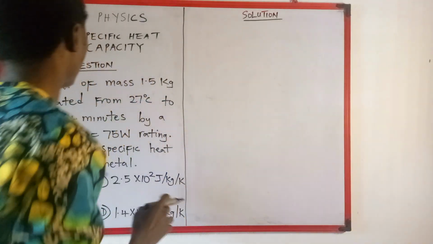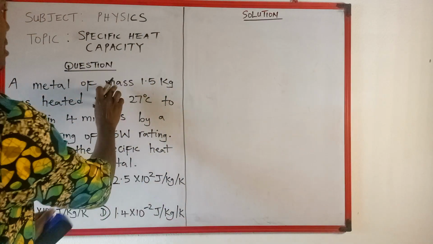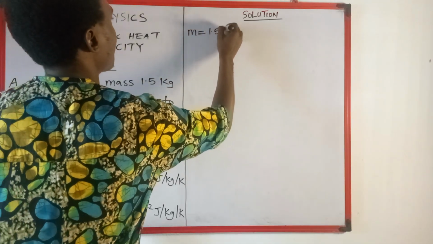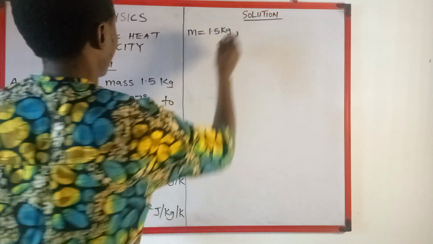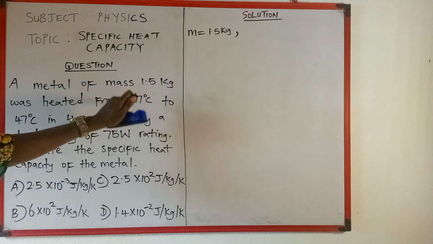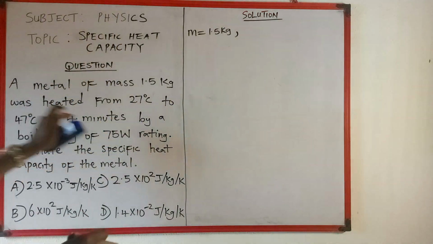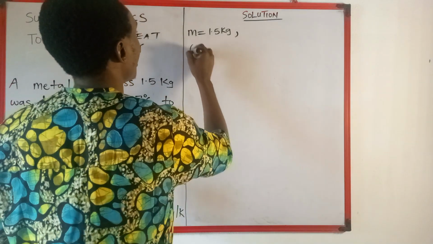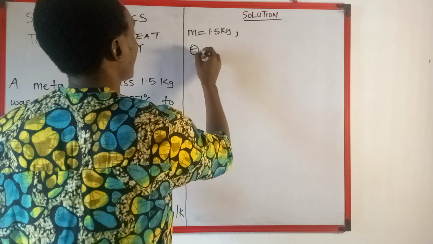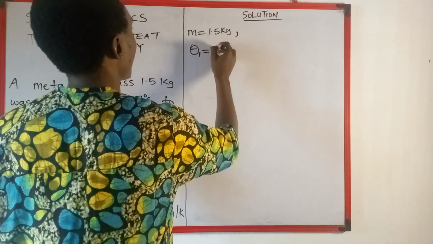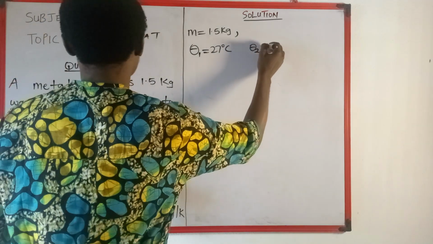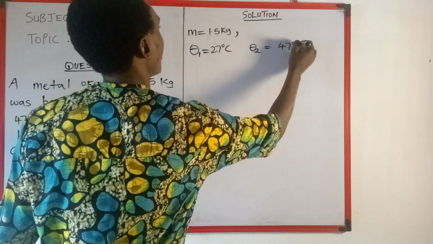Okay, now we're going to write out the parameters. Mass here is given as 1.5 kg. It was heated from 27 degrees Celsius to 47 degrees Celsius, so that is more like a temperature change. So theta is moving from theta 1, which is 27 degrees Celsius, going to theta 2, which is 47 degrees Celsius.